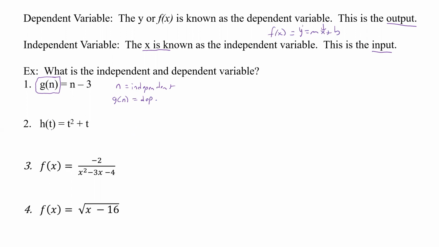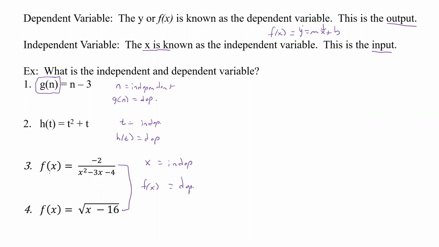Now, what about this one? Well, here, t is what we're going to have to plug in every time, so that's independent. And then h of t is going to be our dependent variable, okay? Now we're back to f of x. In two cases, it has two different things, but in each case, for both of these, x is going to be equal to the independent, and f of x is going to be equal to the dependent.